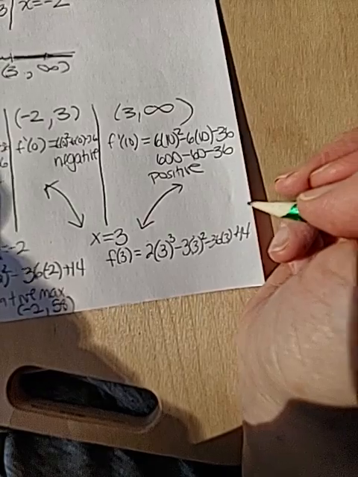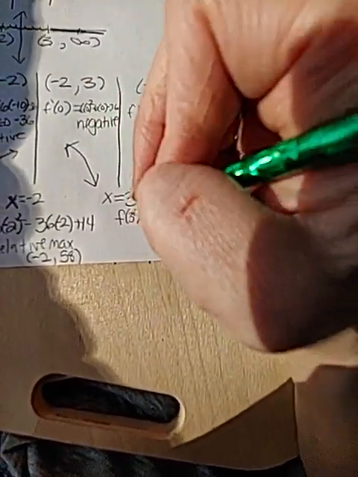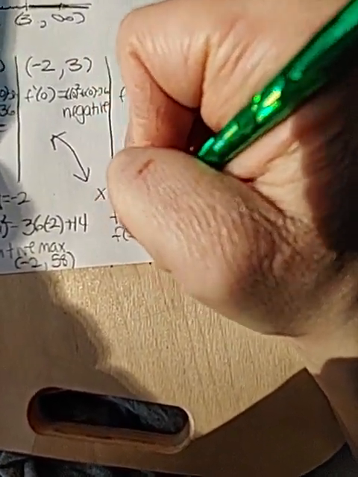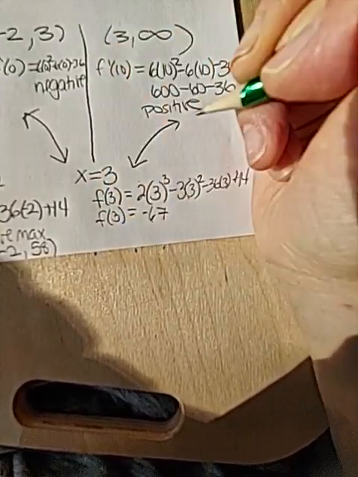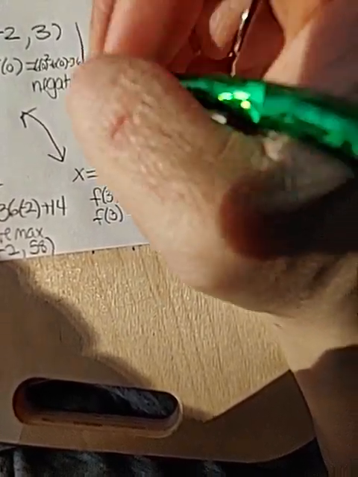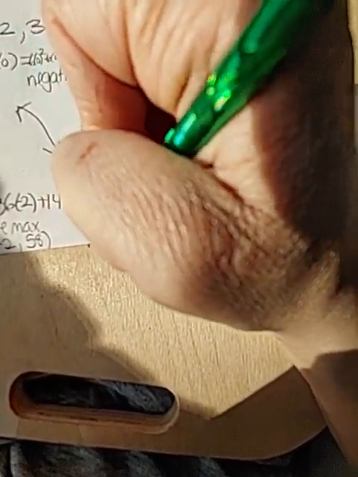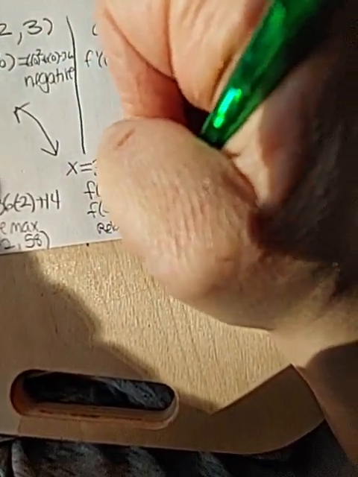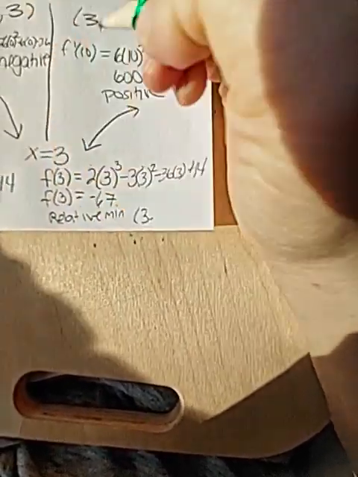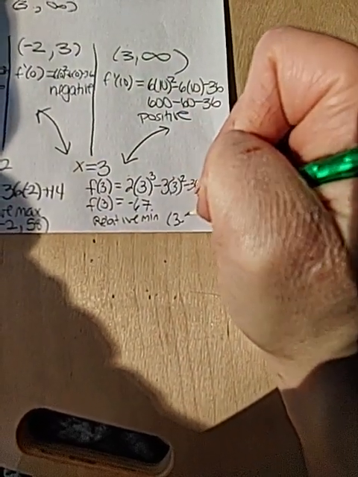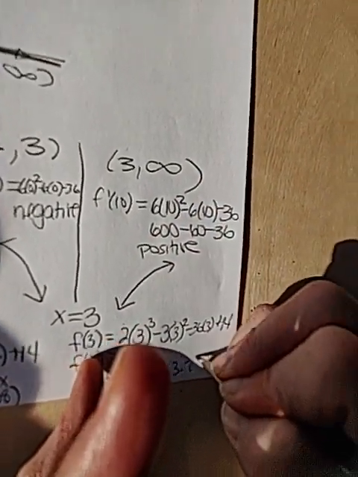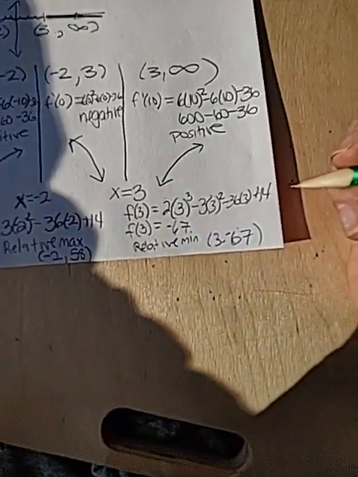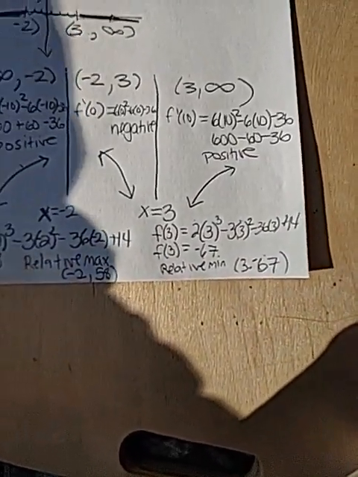Okay, and when I evaluate that, I get f of 3 equals negative 67. So I know that I have a relative minimum at 3, comma, negative 67. And that's how I find my relative extrema.